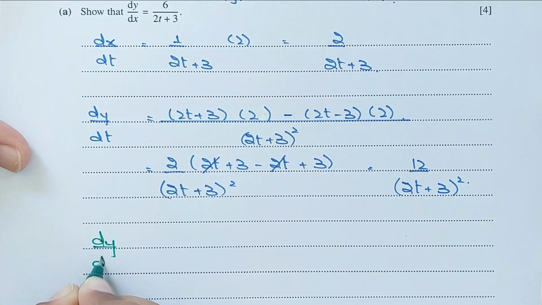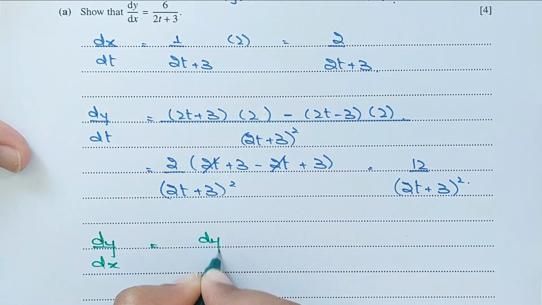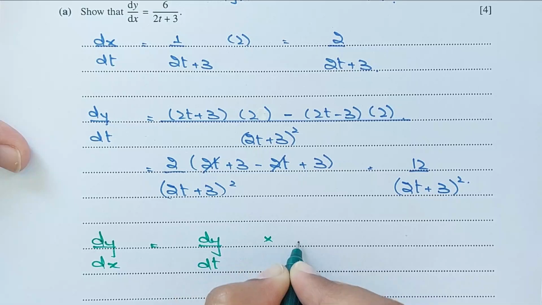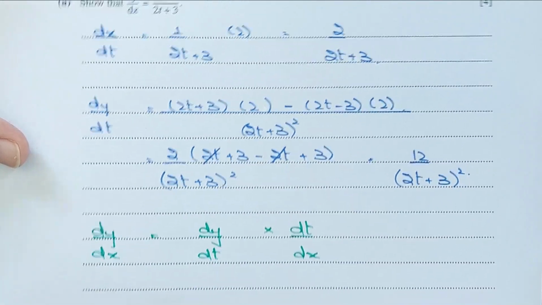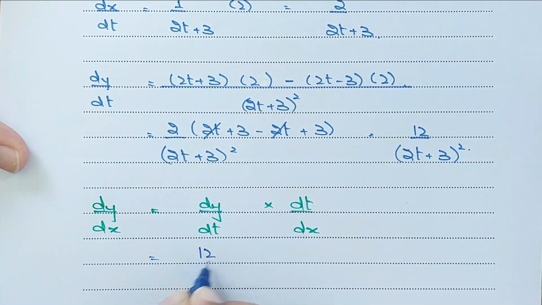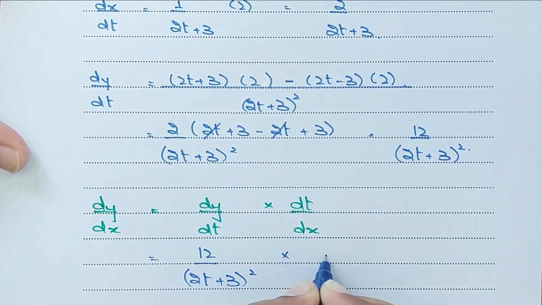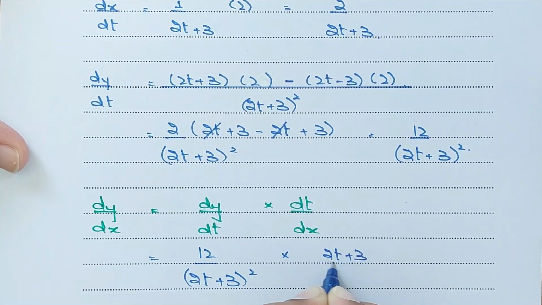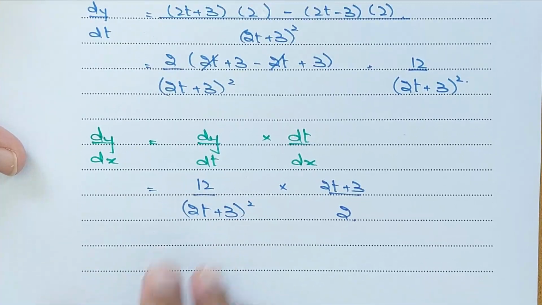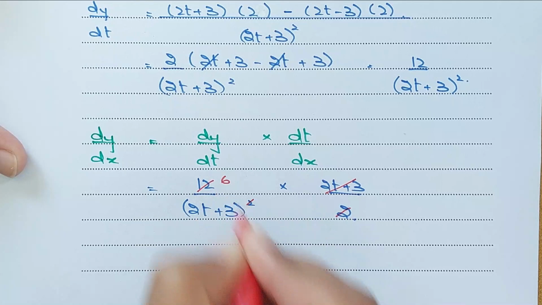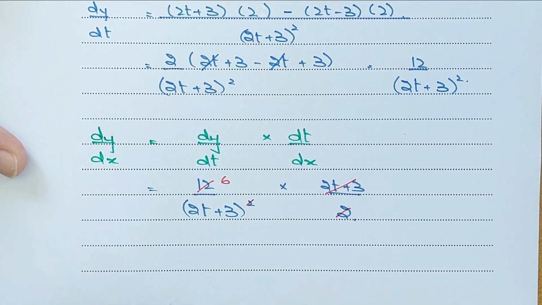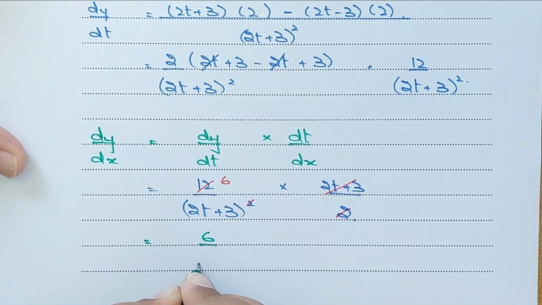Dy over dx should be equal to dy over dt times dt over dx. Okay, so we have dy over dt is 12 over 2t plus 3 whole squared times 2t plus 3 divided by 2. Right, so we can cancel 2t plus 3 and 2 with this 6. So the simplified answer we got is 6 over 2t plus 3 for dy over dx.